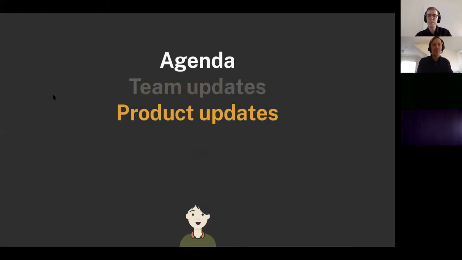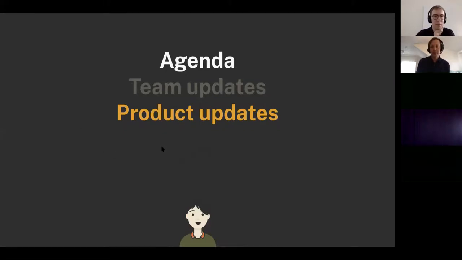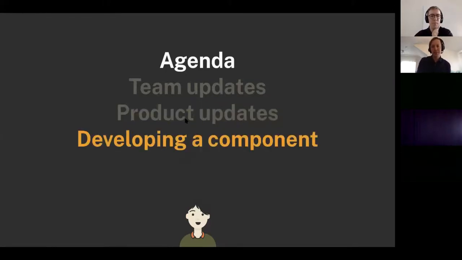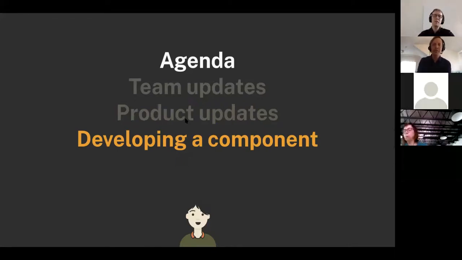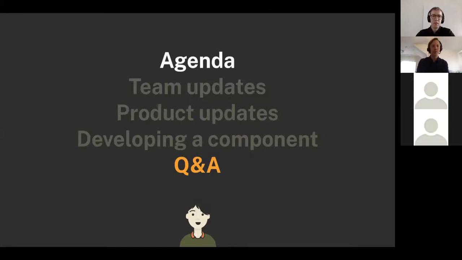And then the meat of what we're going to be talking about today is we're going to be looking at developing a component. And then after we do a little bit of looking through that process, we'll have hopefully a good opportunity for some questions and answers as well. So without any further ado, let's get started.